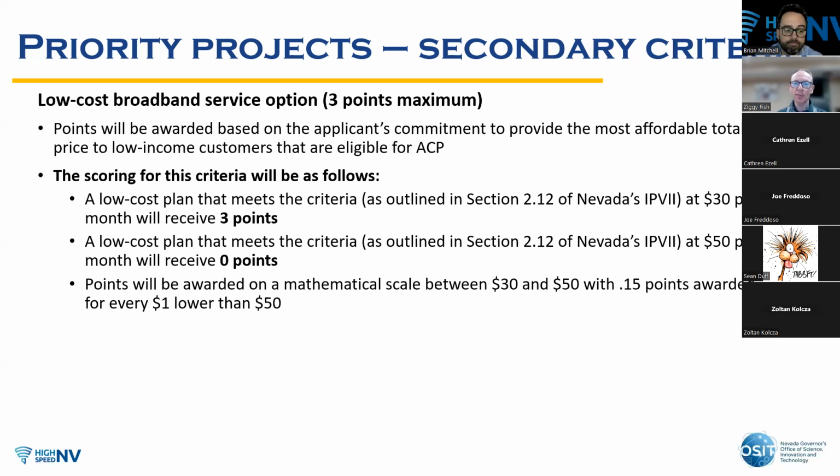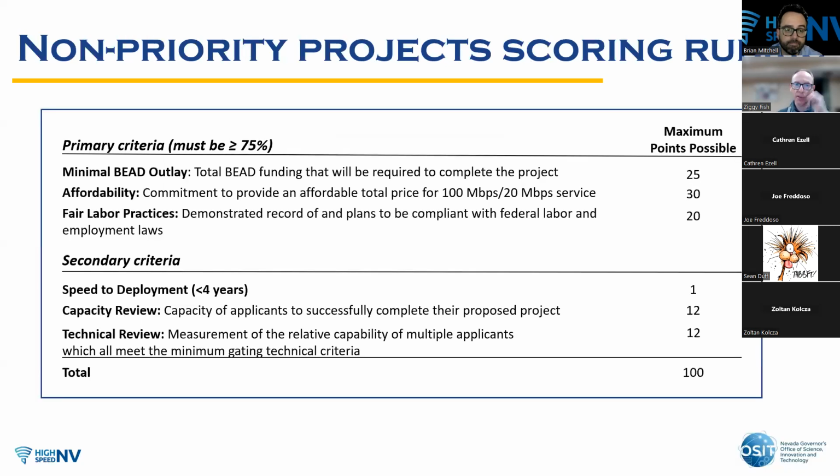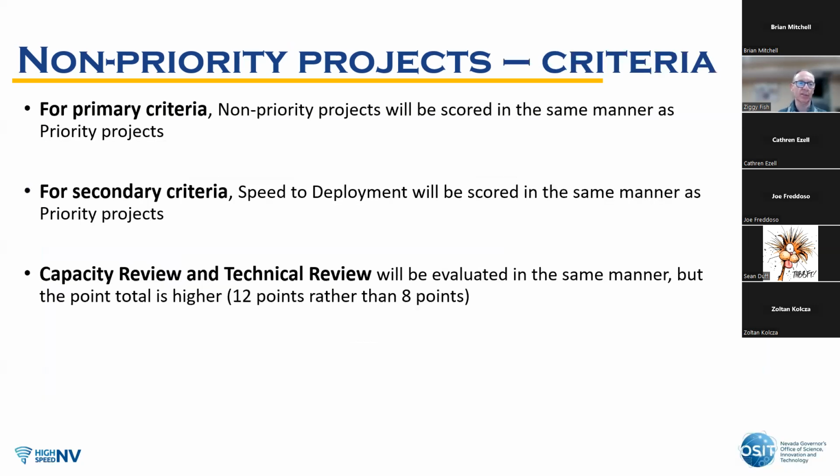Okay. So we've gone to the non-priority projects scoring, and happily it is very similar, mostly identical to fiber projects. The non-fiber projects have the same points spread on primary criteria, and for the secondary criteria, the same exact points for the speed to deployment. The difference is in the points that are available for capacity and technical reviews.